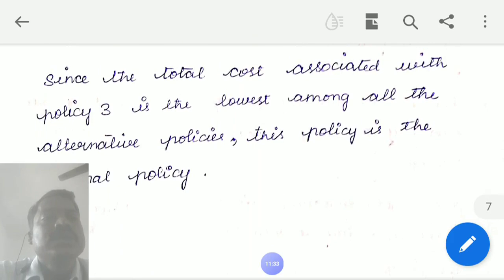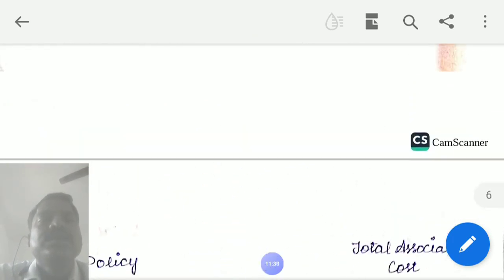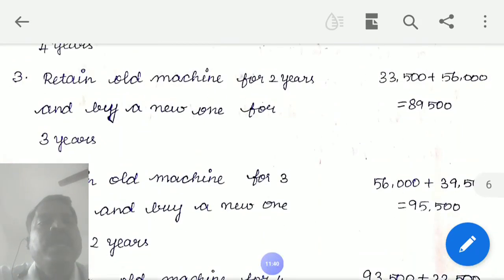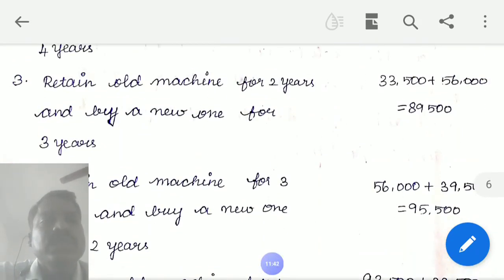Since the total cost associated with policy 3 means retain old machine for 2 years and buy a new one for 3 years.